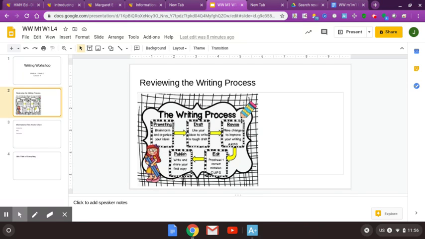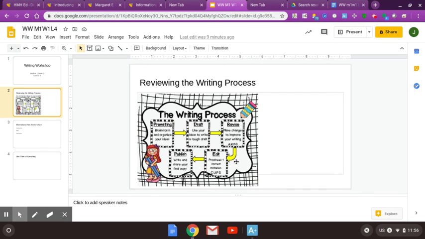We always revise after we do a draft. This is an important step because this is where we look closely at our work and we make changes to improve our writing. ARMS, ARMS. This stands for arrange, remove, move, or substitute words in your sentences to make them better.